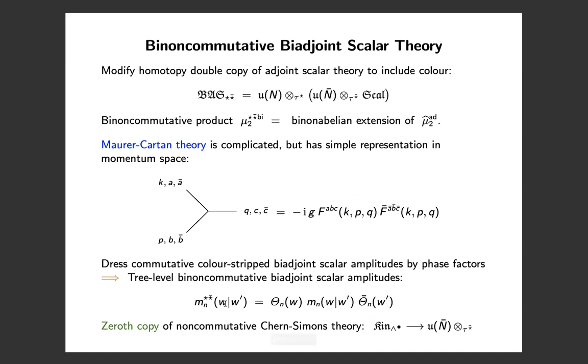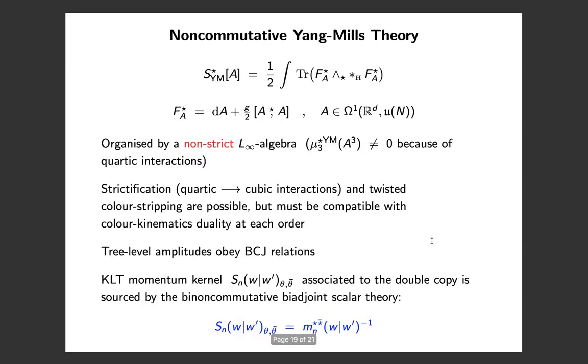Well, if I look back to what I said about this non-commutative biadjoint scalar theory and its relation to the ordinary biadjoint scalar, we see that the KLT momentum kernel is now sourced by the non-commutative biadjoint scalar theory. And that answers question 1, which I posed way at the beginning of the talk: what is the scalar theory that's involved in this kind of B field modified KLT double copy? And as you see, it's actually a very non-trivial scalar theory. Okay, so I'm going to stop there, and I apologize for going over time. Thank you.